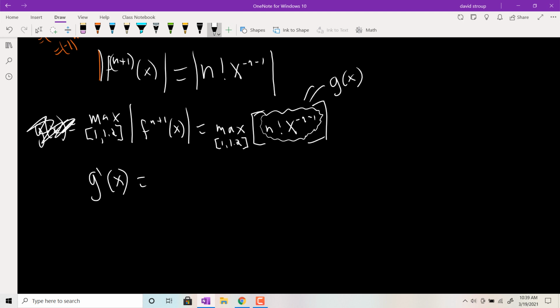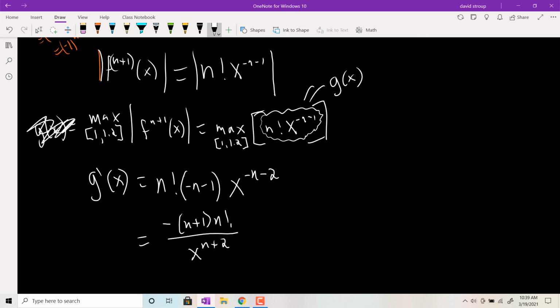So g prime of x will equal the derivative of this thing. The coefficient is n factorial, and then the derivative of x to the negative n minus 1: you bring down the negative n minus 1, and then you have x to the negative n minus 2. We could rewrite that as negative n plus 1 times n factorial all over x to the n plus 2, which equals negative n plus 1 factorial all over x to the n plus 2.